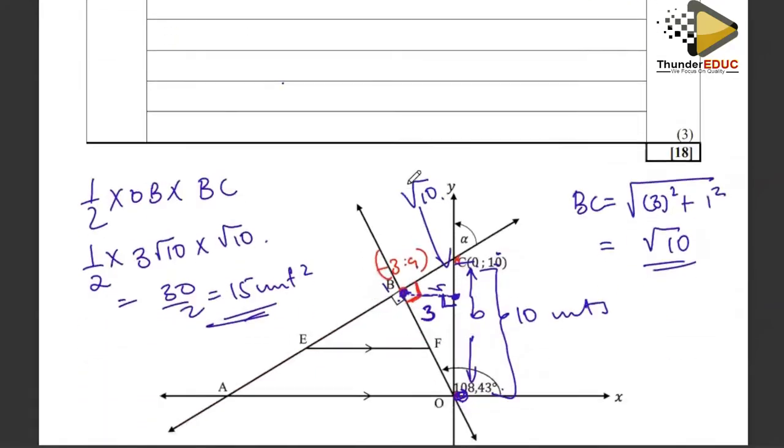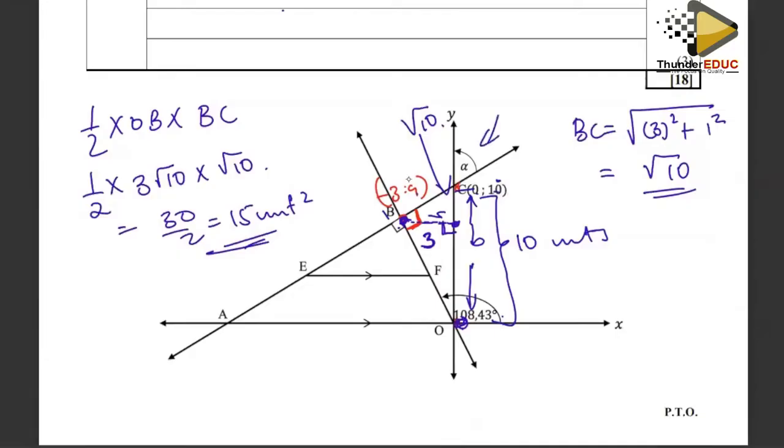Let's find alpha. They want us to get the size of alpha. Now, let me erase this so that we make more sense out of this. For us to get alpha, we know that this is a 90. Between the y and the x, we can find this angle here, which is angle BOC. Then we know that this is also a 90 because these angles are on a straight line.